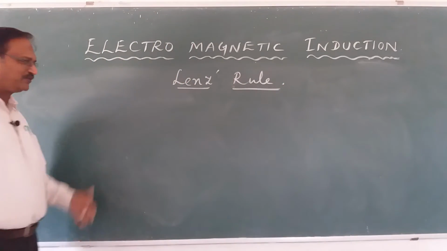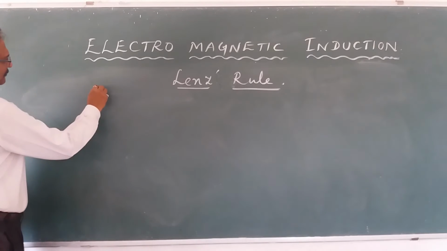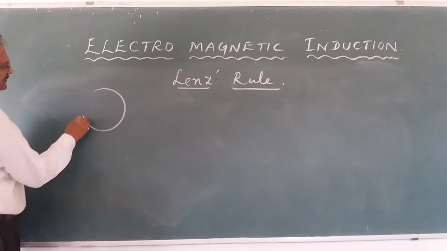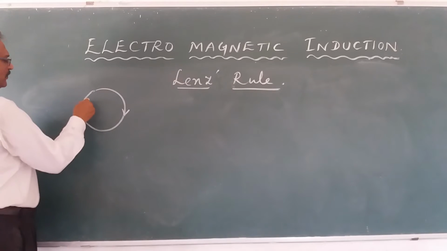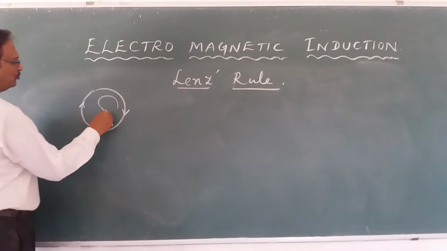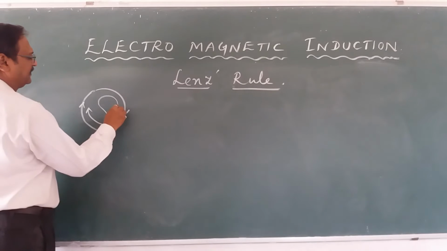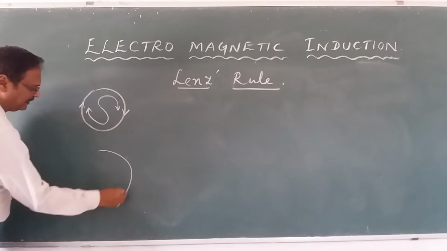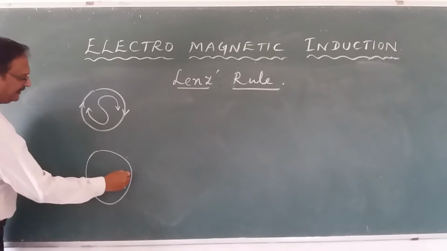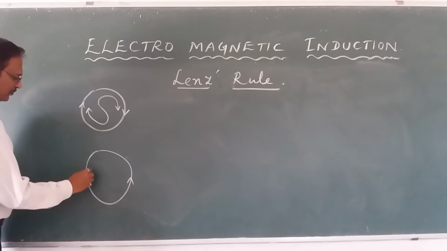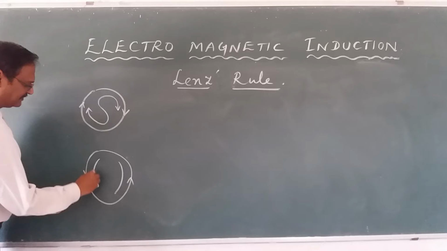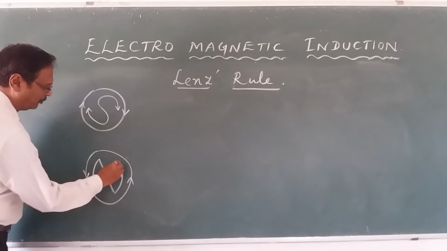See, before that we should know whether the current will be clockwise or anti-clockwise. We know that a clockwise current represents a south pole, and an anti-clockwise current, going in the anti-clockwise direction, represents a north pole.